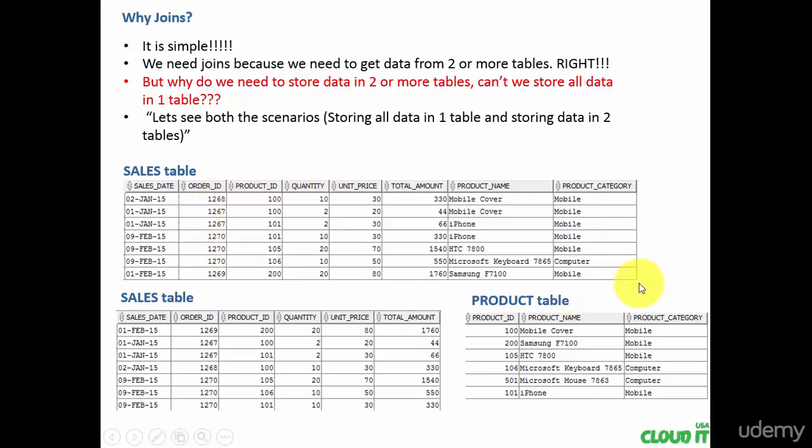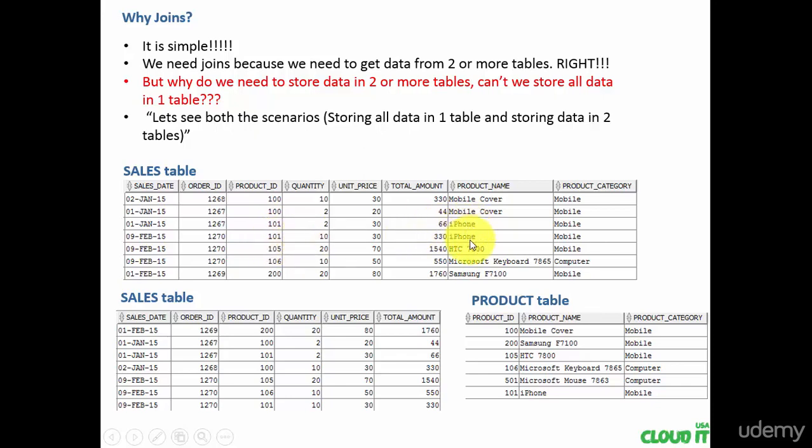See, everything is perfect. But if you see, there is duplication of data because we have multiple product IDs. We are repeating the product name and we are also repeating the product category. If you look at another example, even 101, there are multiple products.